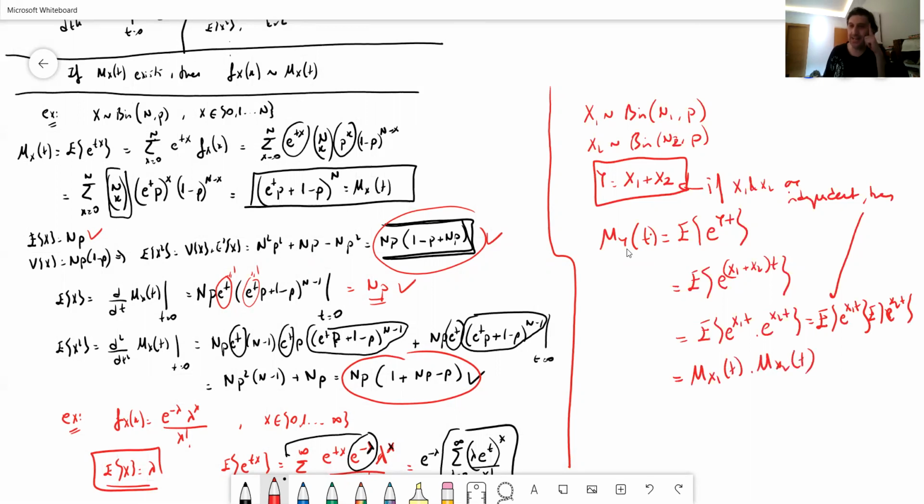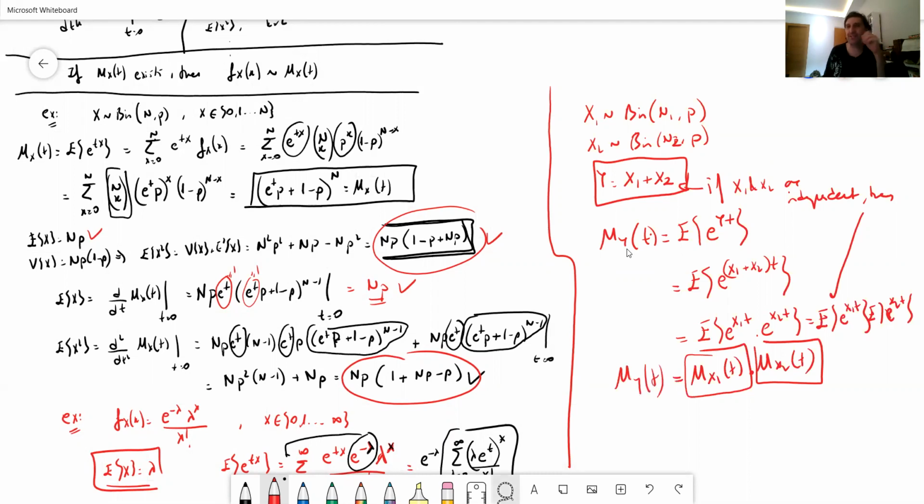So here is the idea. If we find the moment generating functions of X1 and X2 and take the product of those, note that you can generalize this for any number of independent random variables of any distribution, but here we are specifically talking about binomial distributed ones. This is going to be equal to the moment generating function of Y at t.